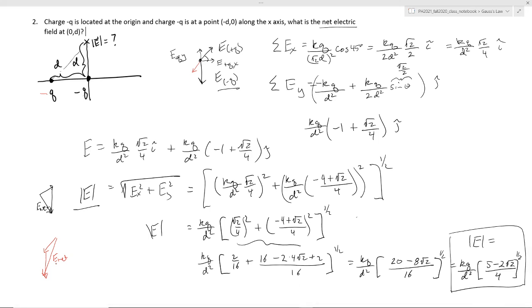So let's see what effect this would have on the math. So notice we would pick up a negative sign on our x component. So there would be a negative here. And we would also pick up a negative sign on our y piece. So they actually would both be negative. And what effect ultimately that would have is, notice when you go to add them together, since you're squaring the terms, that negative sign doesn't matter on the x piece.